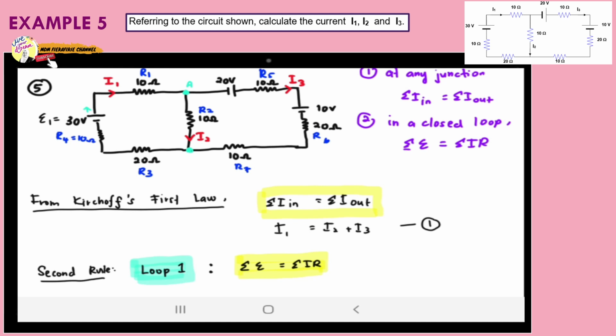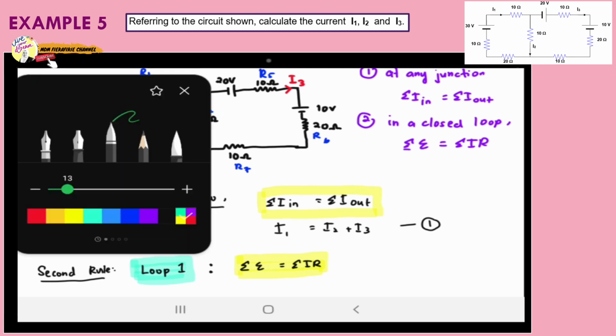Let's assume the flow of current in this loop is in this direction, which is clockwise. Since in the first loop we just have one EMF, which is 30 volt, and the direction of the current from the EMF is upward, I will follow this direction to determine the direction of my first loop, which is clockwise.